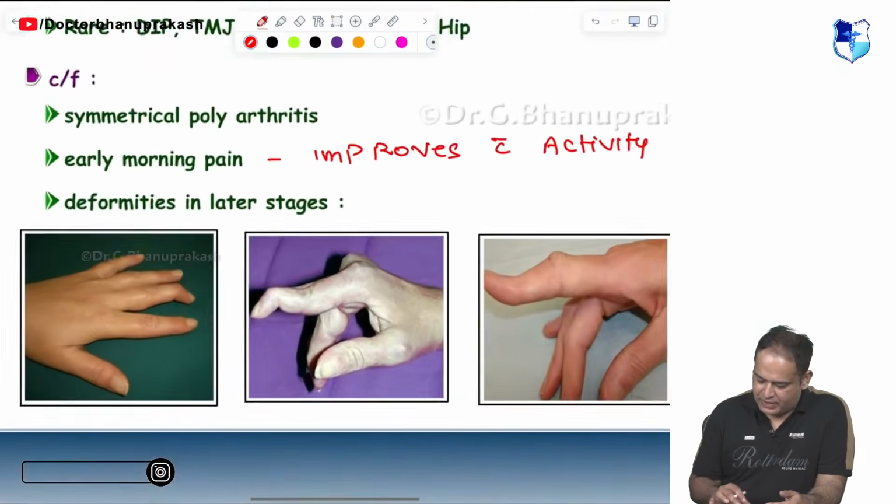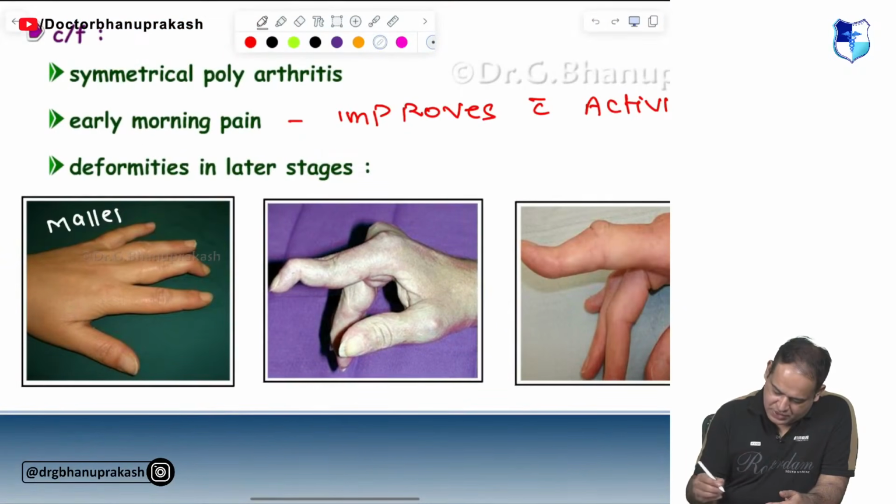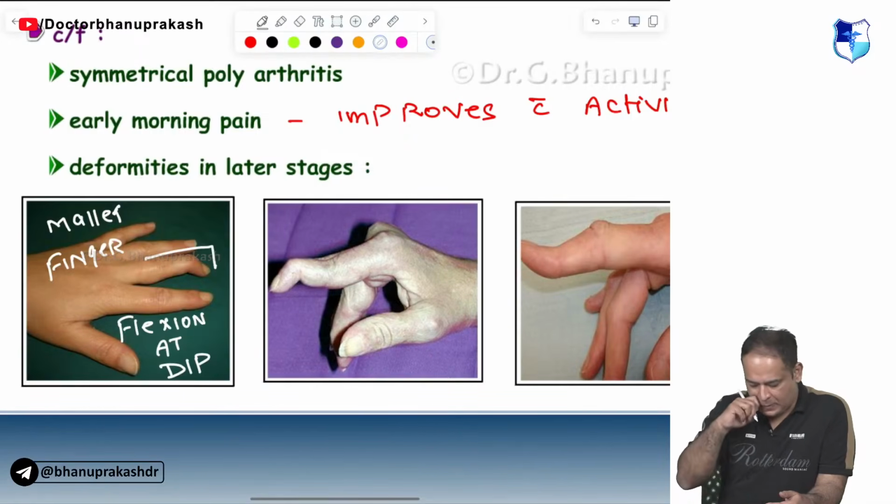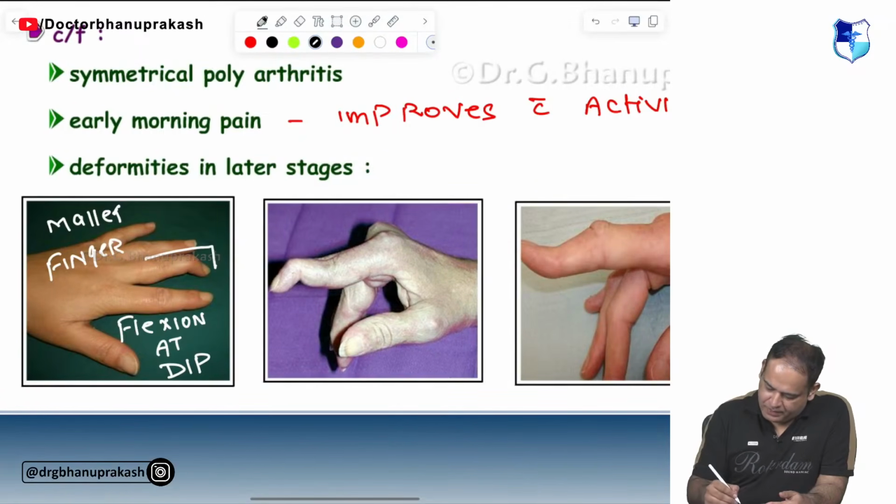Now the deformities. Your patient can develop mallet finger. Mallet finger is just flexion at the DIP joint, right? Then your patient can develop another deformity called swan neck deformity.